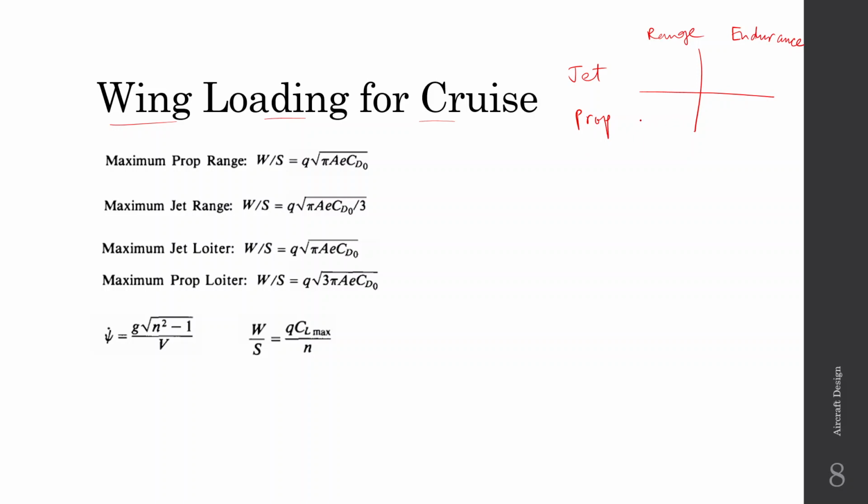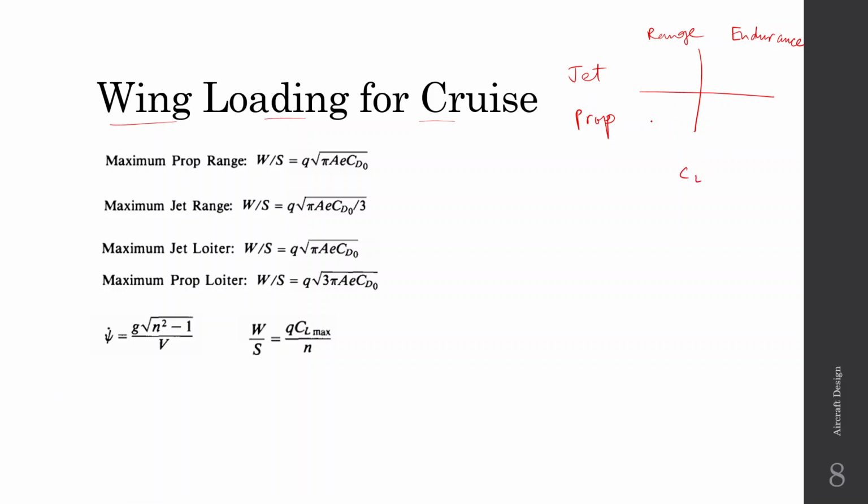So you know that for maximum range with a propeller aircraft, your CL has to be CD naught by K. So in this table, I'm going to write the CL.